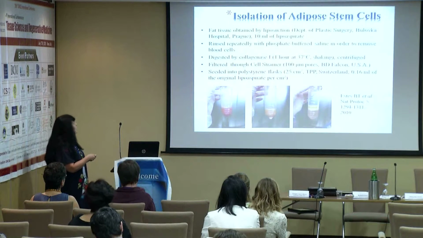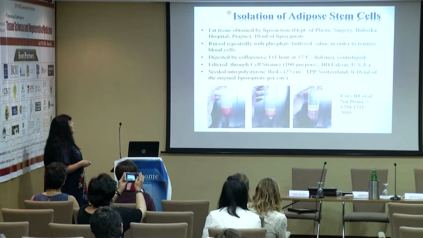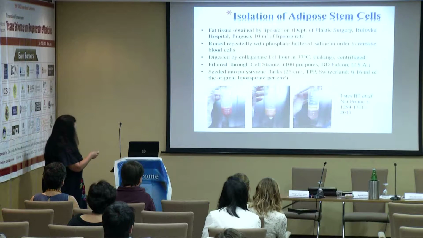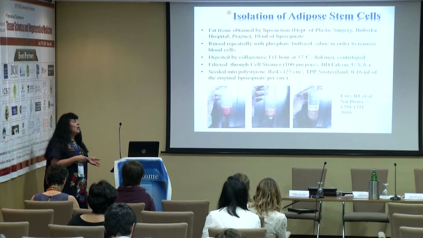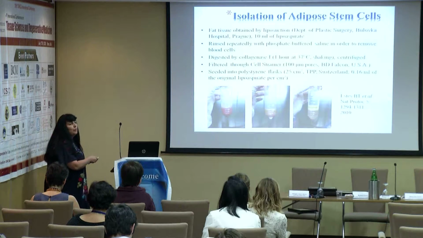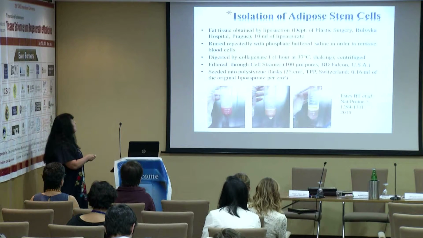In collaboration with the hospital, we isolated adipose tissue stem cells by liposuction, and the lipoaspirate was delivered to our lab. We isolated stem cells by repeat rinsing with PBS in order to remove blood, because the lipoaspirate was contaminated with blood.